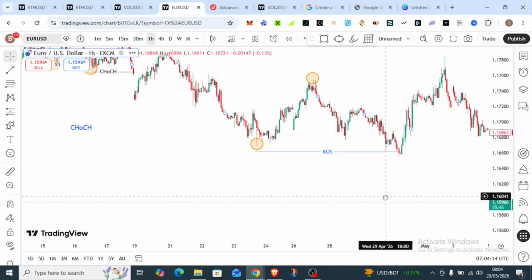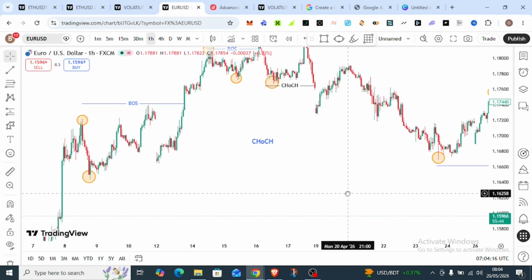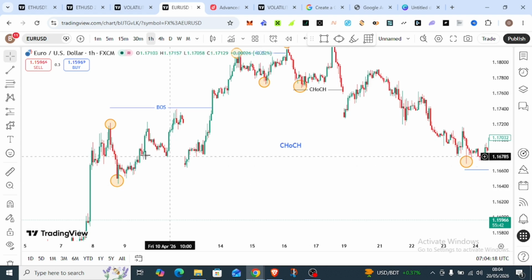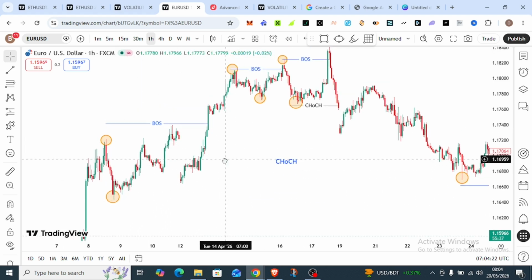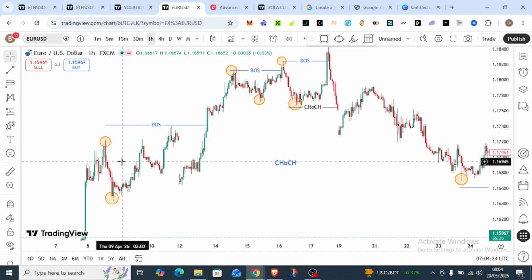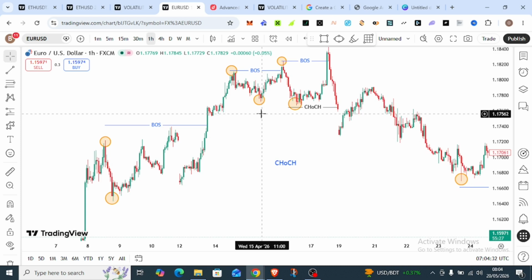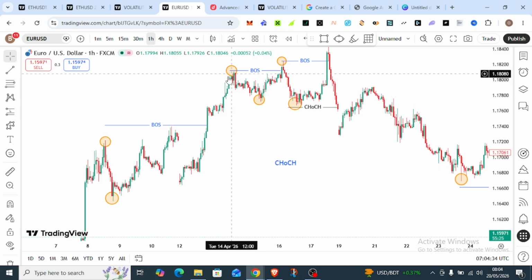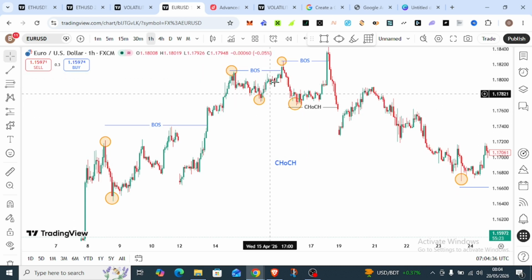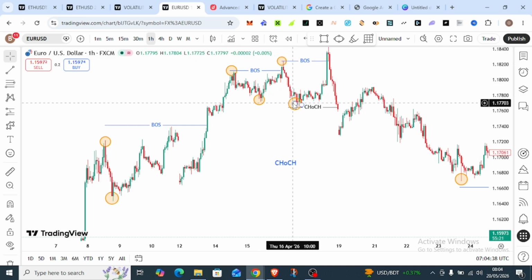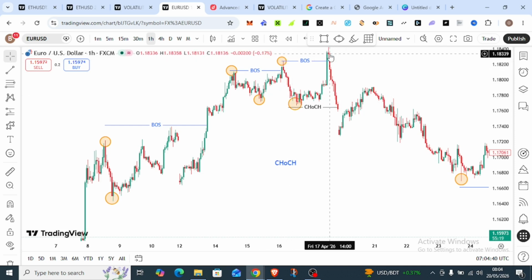Like in this example here, we have this structure where we have a bullish trend. This is our higher high and this is our higher low. Structure is broken here and the trend continues. We have higher high, higher low, higher high, higher low, and higher high here.